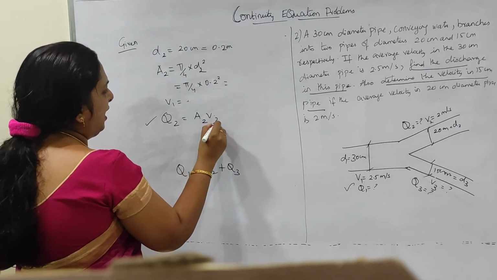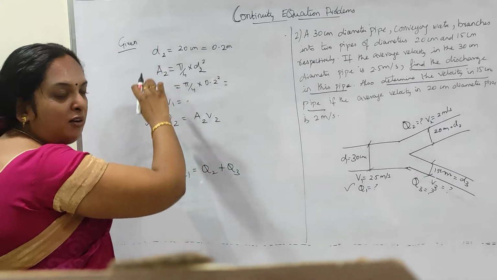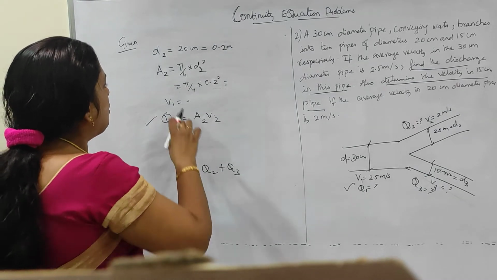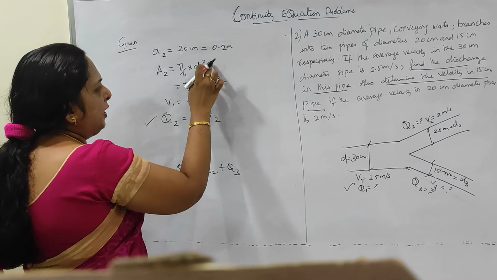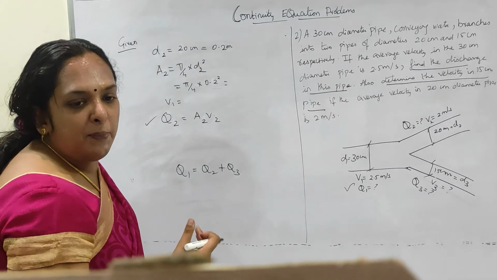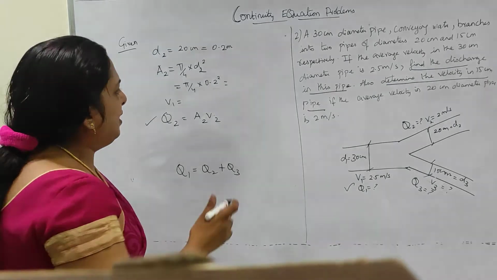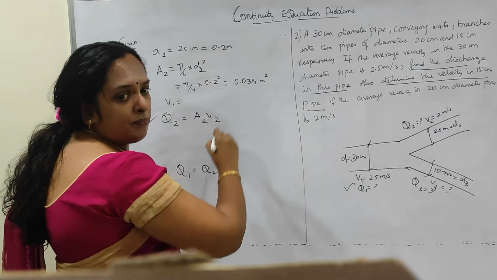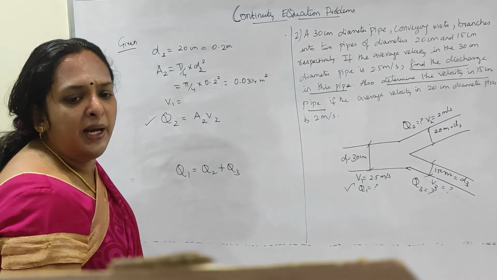Q2 is equal to A2 into V2. So I will be able to find my A2. It is 0.0314 meter square.